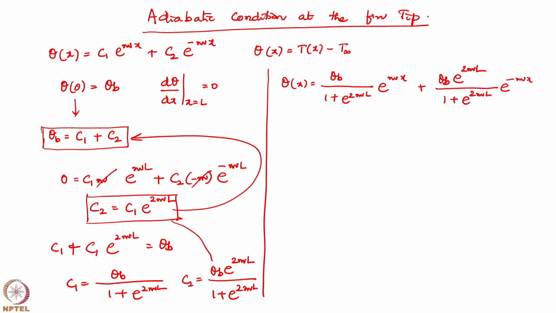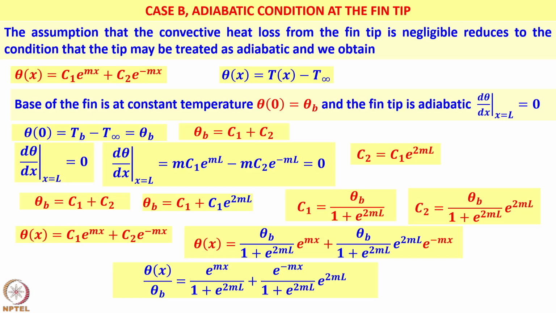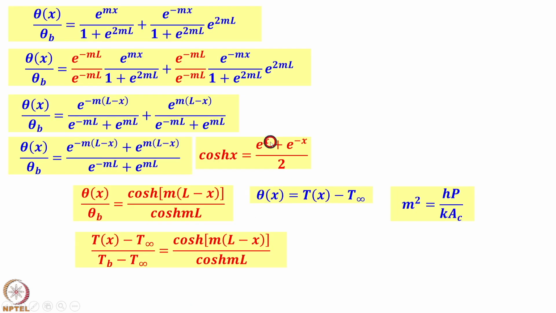The algebra I will just show you here. This is where we just stopped. So, you got e to the power of mx. This is the equation you have gotten. What I do here is multiply and divide by e to the power of minus mL, and here also multiply and divide by e to the power of minus mL.